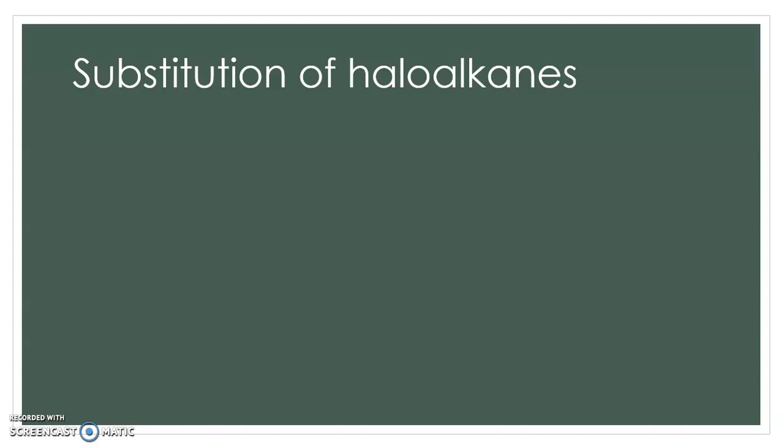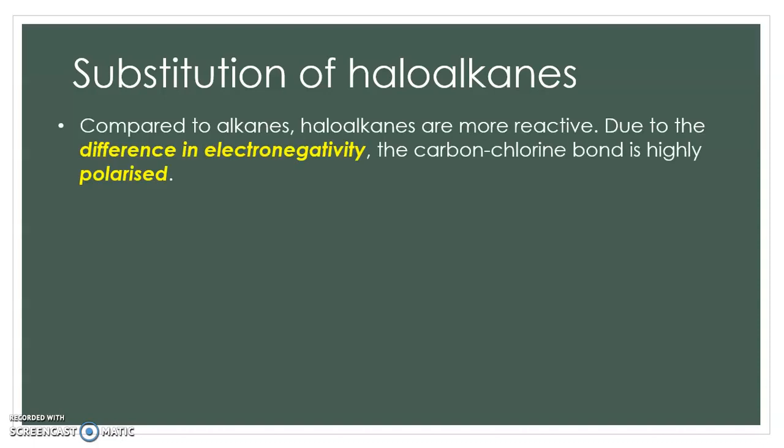Remember, the polar bonds between the halogens and carbons are more likely to be broken. Okay? So compared to alkanes, haloalkanes are more reactive due to the difference in electronegativity. The carbon-chlorine bond, or in many other cases, carbon-bromine bond or carbon-iodine bond, or even carbon-fluorine bond, is highly polarized.